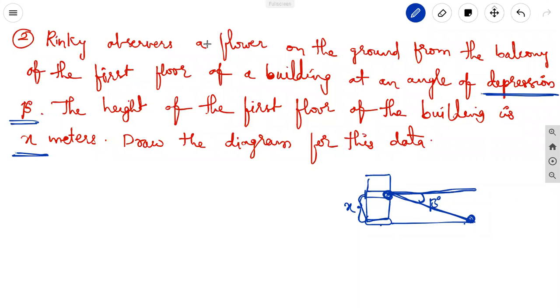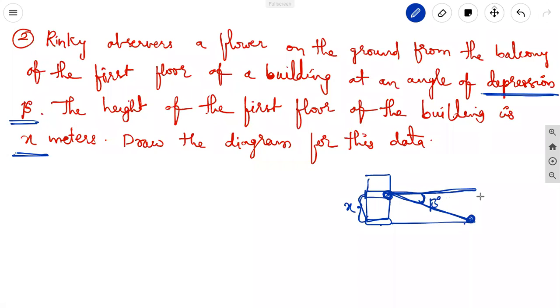Rinky observes a flower on the ground from the balcony of the first floor of a building at an angle of depression beta degrees. The height of the first floor of the building is x meters. Draw the diagram for this data. This is x and this is beta degrees.